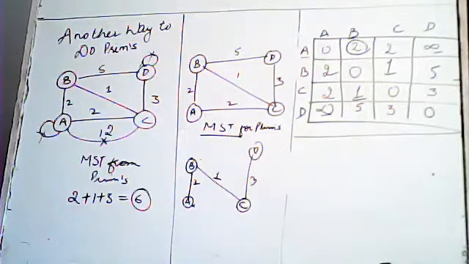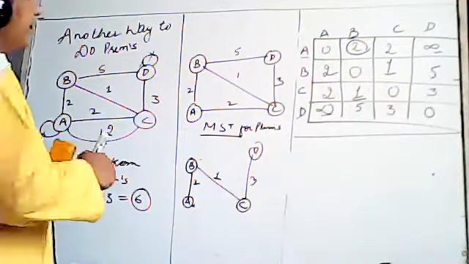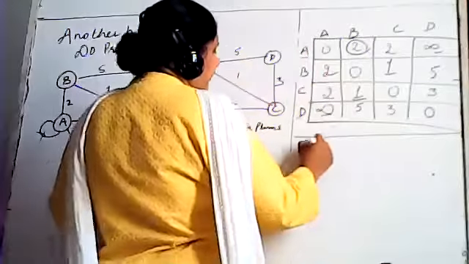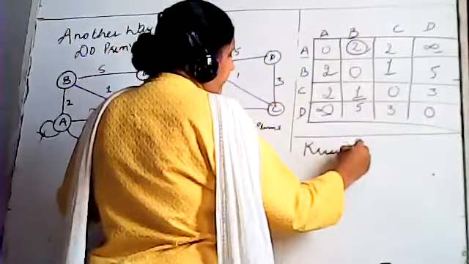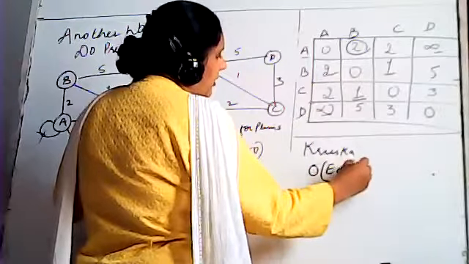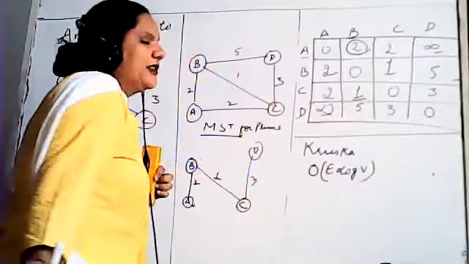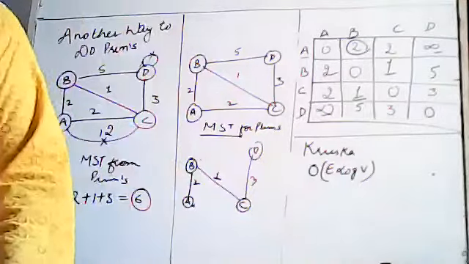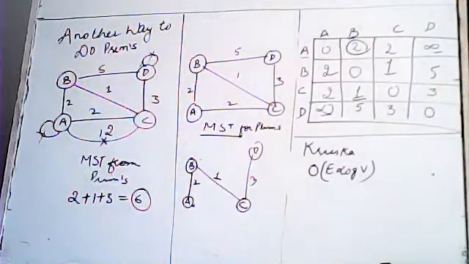Now, what would be the complexity of Kruskal's algorithm? It will be O(E log V). Actually, it has to explore the edges before joining all the vertices.